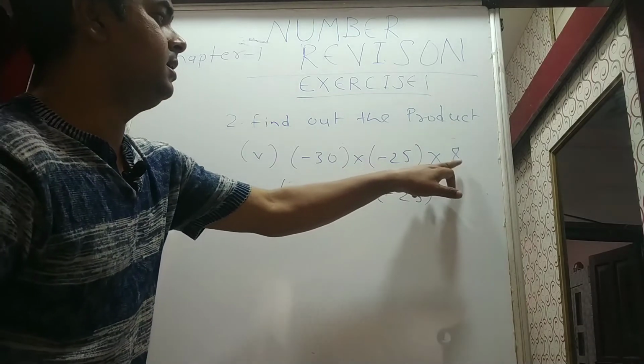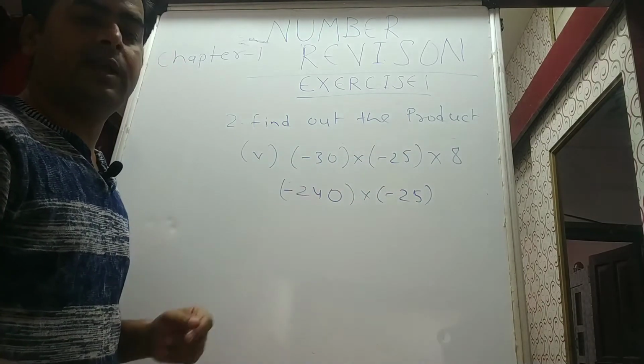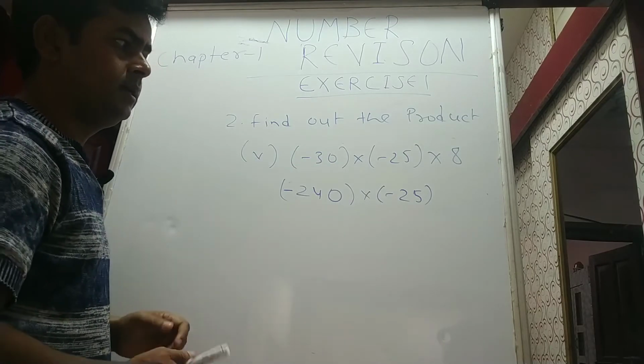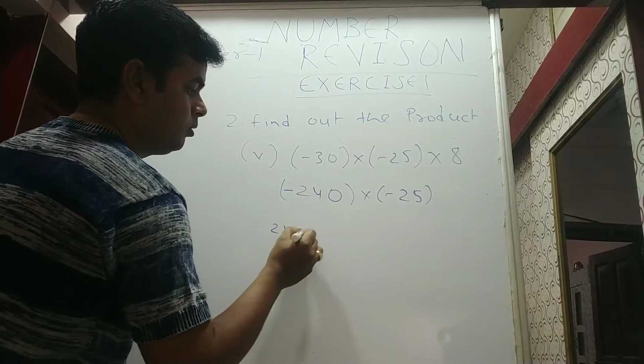So here 8 3s are 24, 24 into 10 will be 240. So now we need to just multiply this 24 into 25.